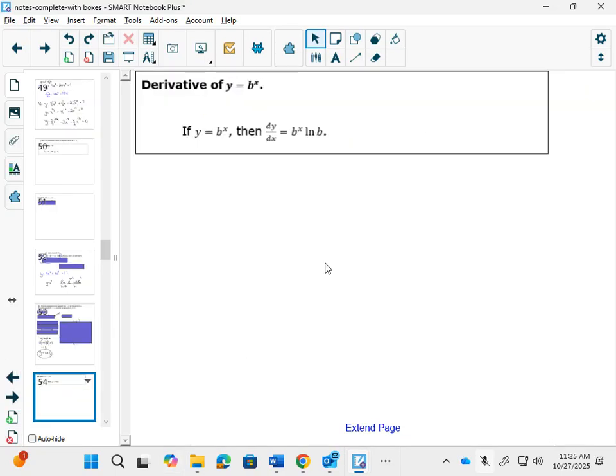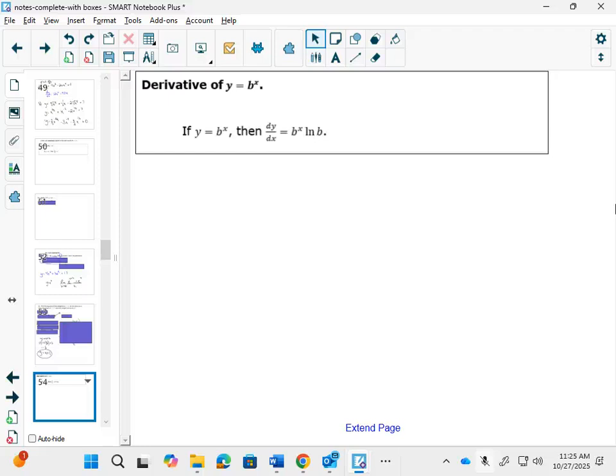First of all, I'm going to cheat and show you the formula. If y equals b to the x, then the derivative is just like e to the x. It stays the same, but then you have to add a little thing to compensate. A 5 to the x.